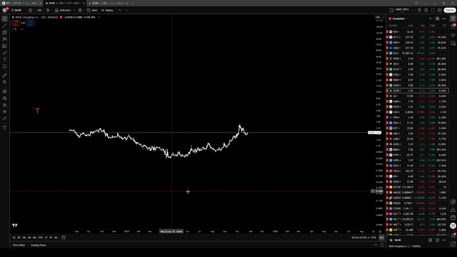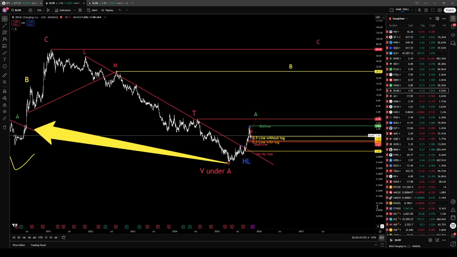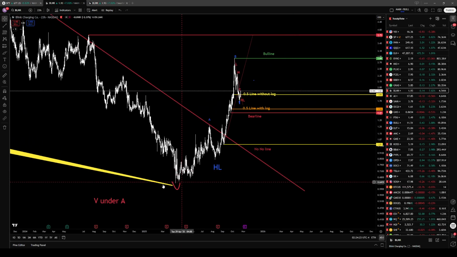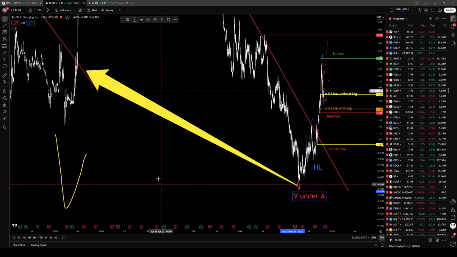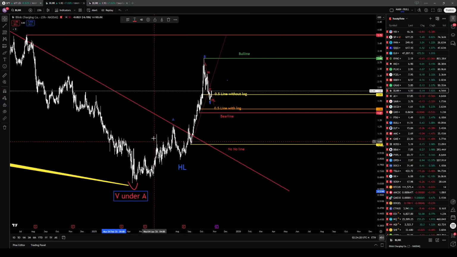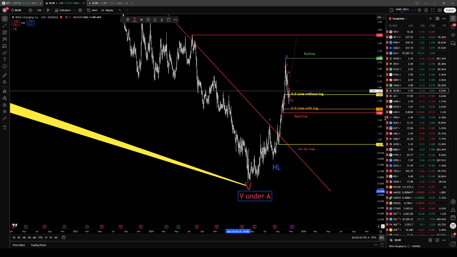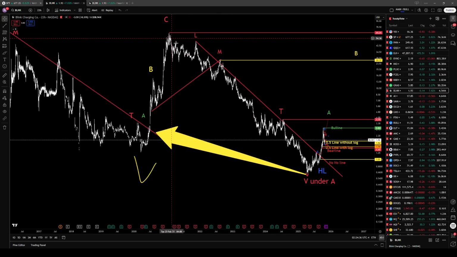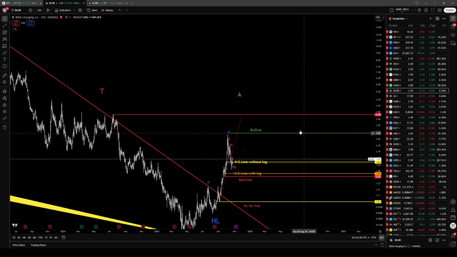So what have we done the last days, weeks? We did our perfect V and A. We already did our higher low, and we already broke out of our trend line, which is also 4 years.